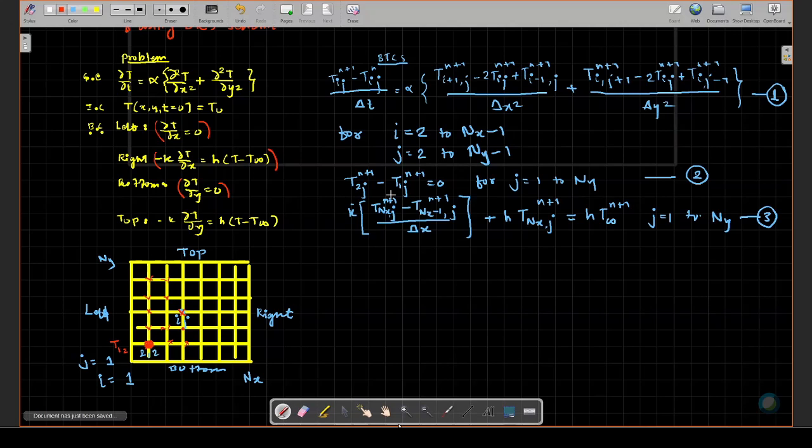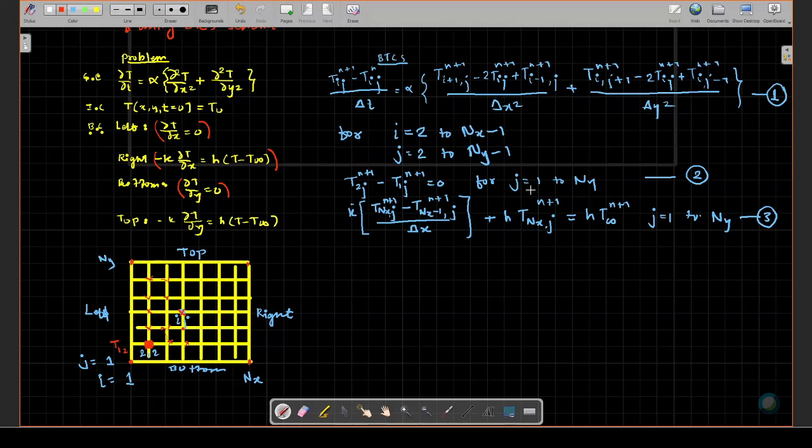Sir, but for j equal to 1, T_21 is not known, right? Because it is also a boundary. So there we are not running at all. Okay, so that is a somewhat overlapping boundary condition. These corner points are a little critical.